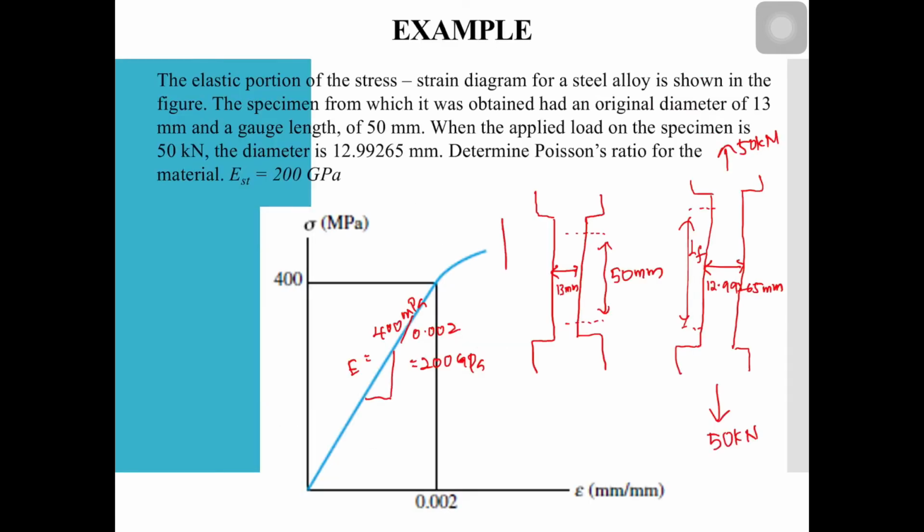This side is longitudinal, and this direction is lateral. The one with the force, so you have force in this direction, so this direction is longitudinal. The direction in which no force is applied is lateral.